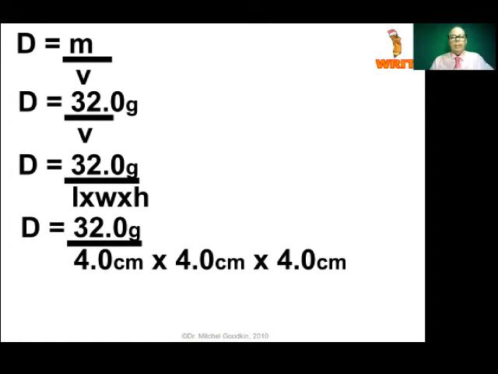And then when we measure the object with our metric ruler, we get 4.0 centimeters by 4.0 centimeters by 4.0 centimeters. And remember, if all three dimensions are exactly the same, that's a perfect cube. So we got density equals 32.0 grams over 4.0 centimeters times 4.0 centimeters times 4.0 centimeters.